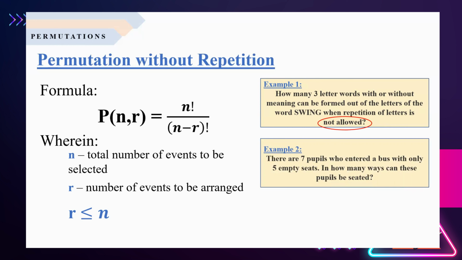Siyempre, ang isang estudyante ay hindi pwedeng umupo sa 2 upuan. So, makakaupo lang siya sa isang upuan at hindi siya mauulit na umupo sa isa pang upuan. Kaya ang ating example number 2 ay tumutukoy sa permutation without repetition at gagamitin natin ang formula na n factorial all over the quantity of n minus r factorial.